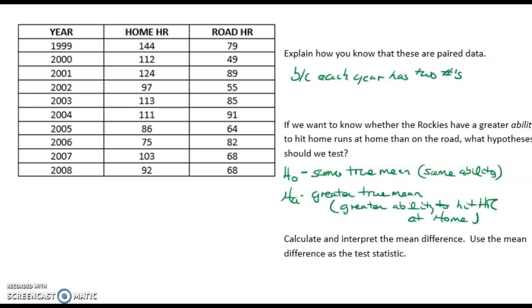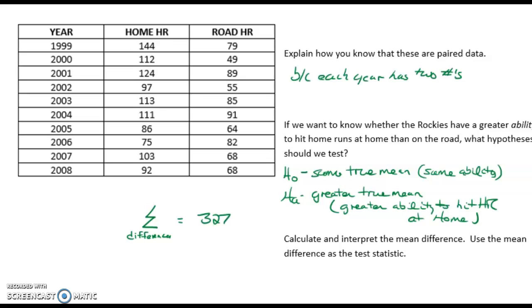Calculate and interpret the mean difference. All right, so here we go. Going back to the last screen, again, I had all my differences up here. And if I add up all the differences, I'm going to use this symbol. This is sigma. This means sum. So the sum of all my differences was, what did I get? 327.